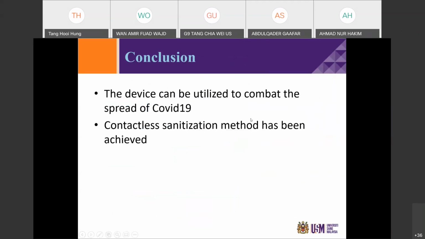In conclusion, this device can be utilized to combat the spread of COVID-19 by utilizing a contactless sanitation method. Thus, the objective of our prototype has been achieved.